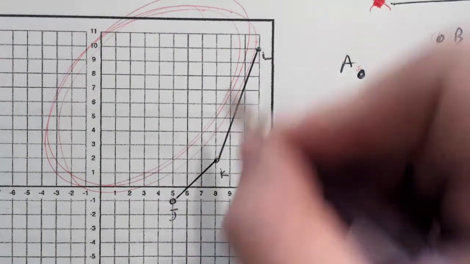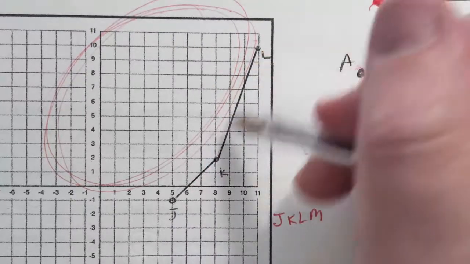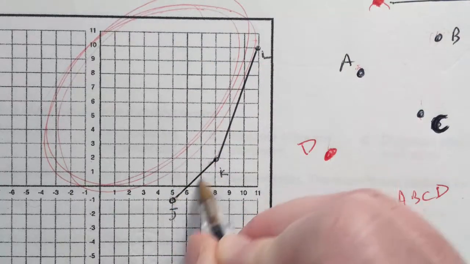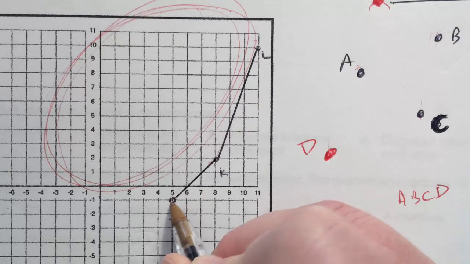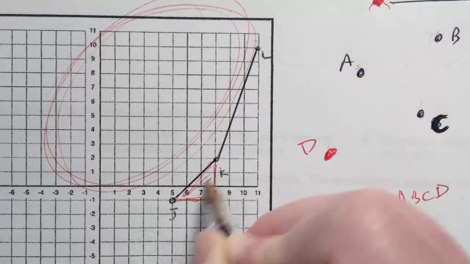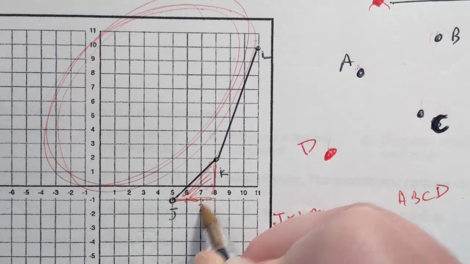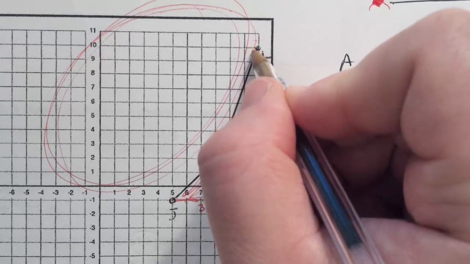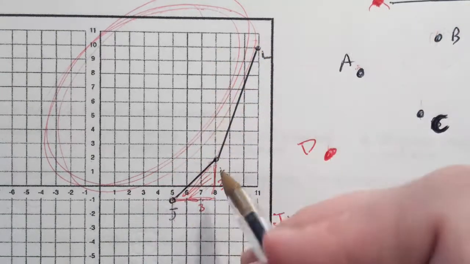I could look at this pattern and do the same pattern here, or I would do this pattern and do the same pattern here. So let's see. So if I do this pattern right here, this is 1, 2, 3 by 1, 2, 3.